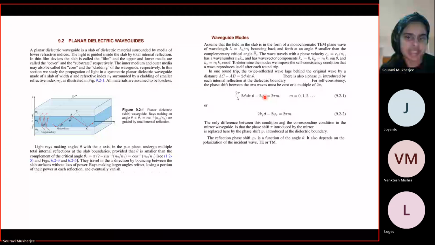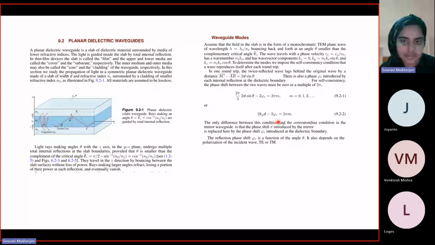Okay. So the only difference from the last case is that now you have this phase change coming because of reflections at the interfaces, and this is not pi like the case for the mirror. Here, this phase change, as you will see in the coming slide, depends on the refractive index of your core, the refractive index of your cladding, the angle of incidence, and the polarization of your light.